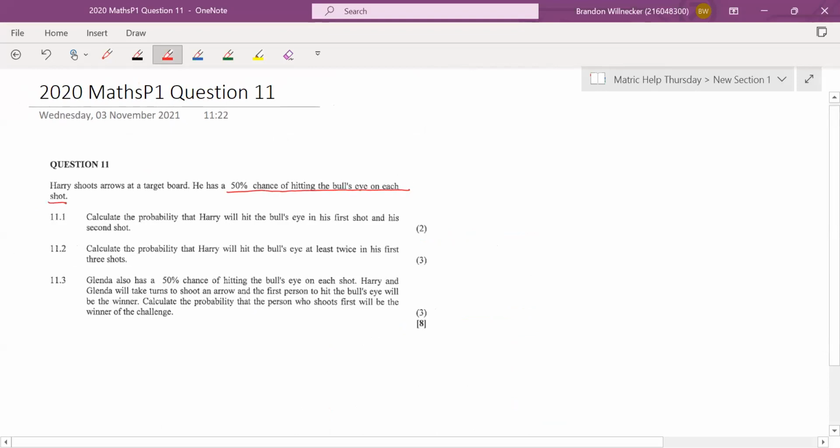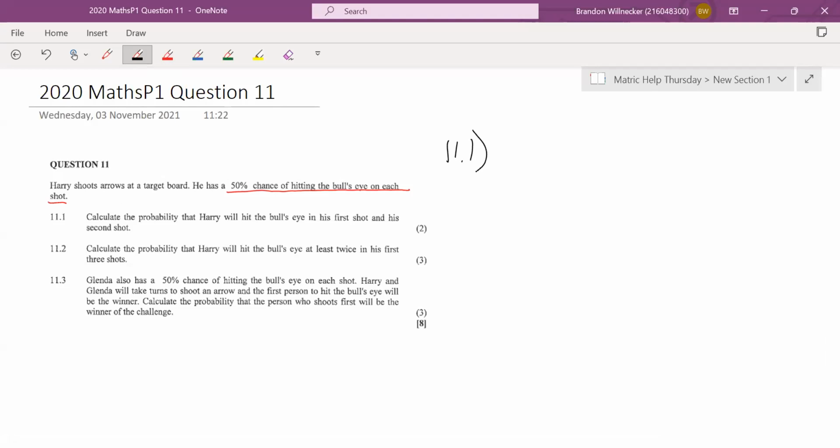So on the first shot, he has a 50% chance. On the second shot, he has a 50% chance. On the third shot, he has a 50% chance, and so on. So please keep that in mind. On each shot, 50%.